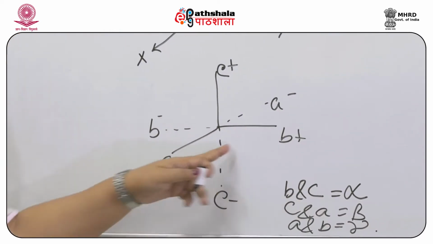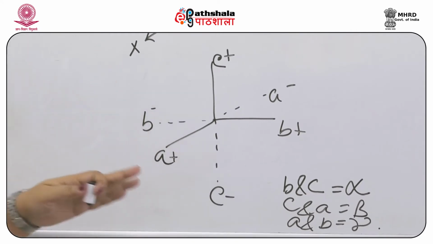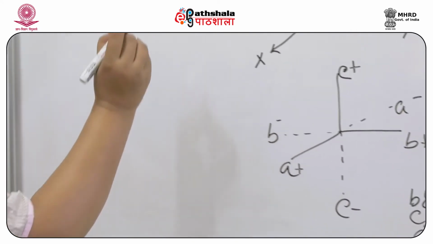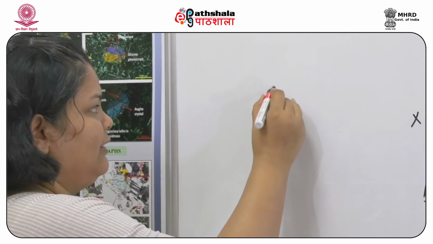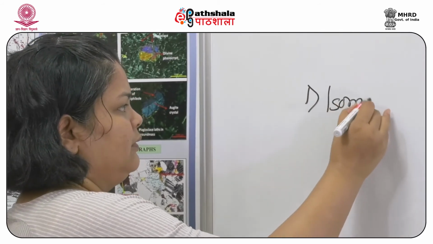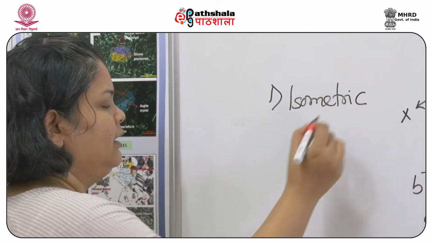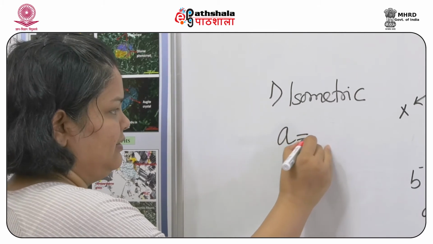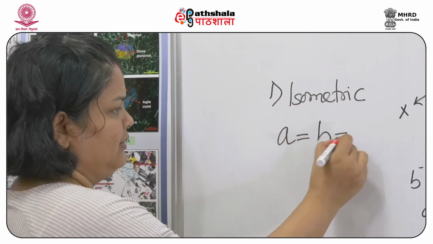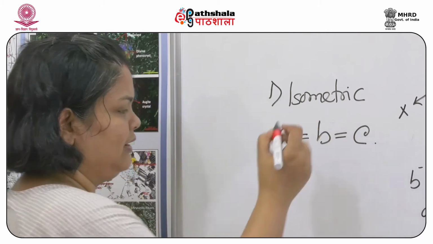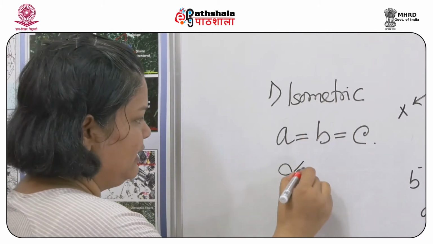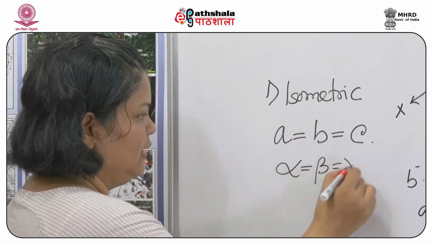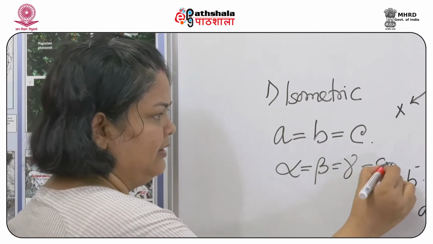Based on these parameters, there are 6 crystal systems which are assigned. For instance, we have the isometric system, which is when the A crystallographic axis is equal to the B axis and equal to the C axis, and when alpha equals beta equals gamma equals 90 degrees.